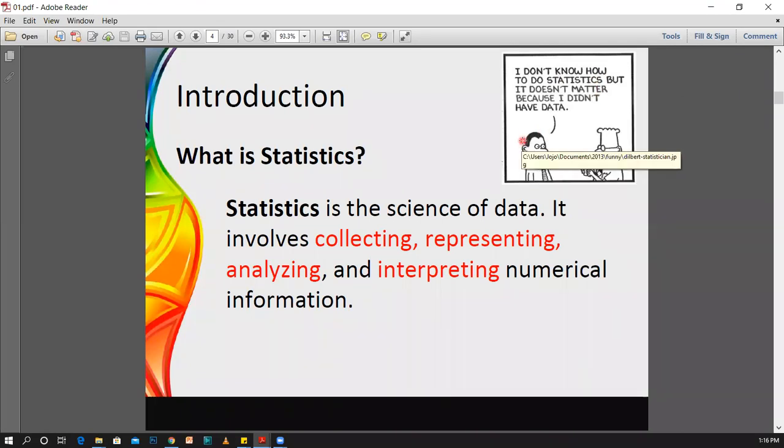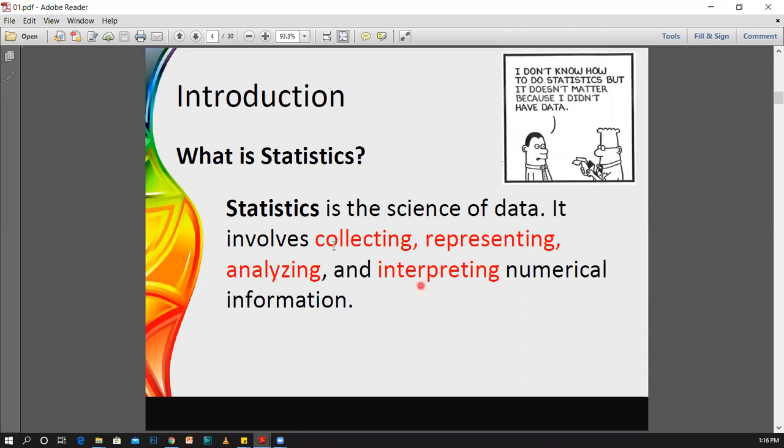Therefore, the most important thing in statistics should be the data. And we can say that statistics is the science of data. It involves collecting, representing, analyzing, and interpreting numerical information.